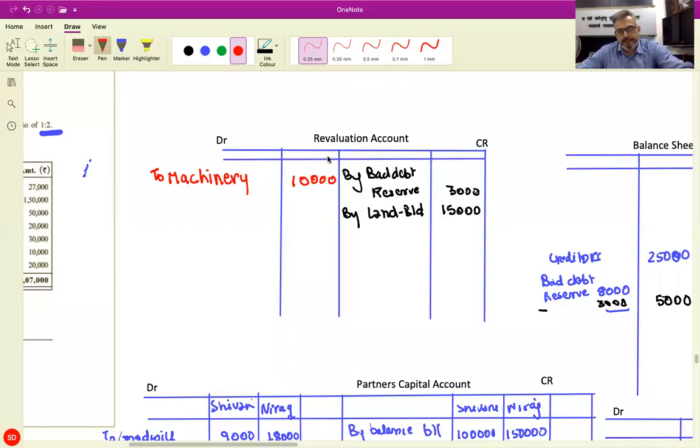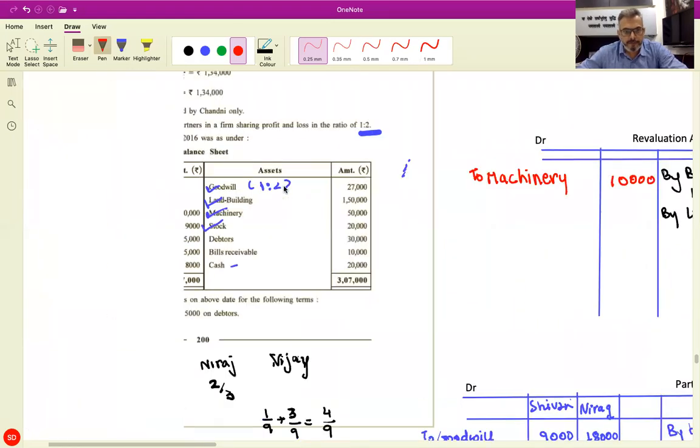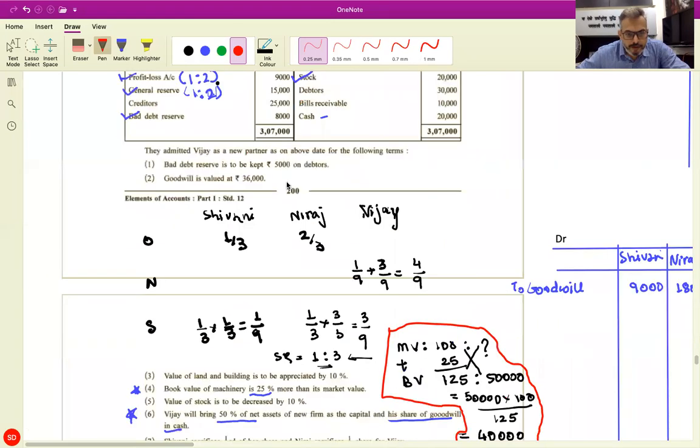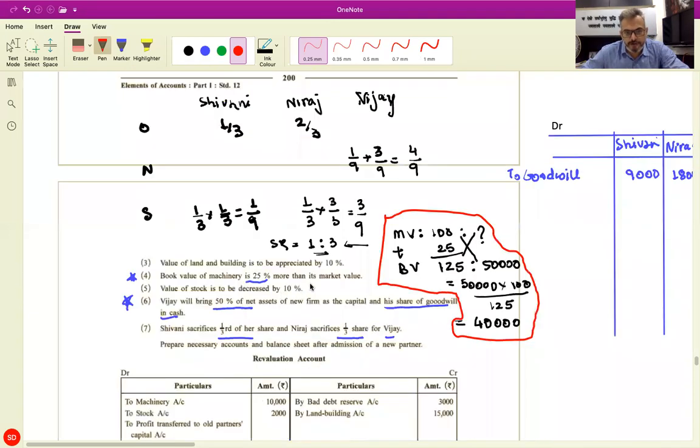To machinery 10,000 in revaluation account. Now, next adjustment, value of stock is decreased by 10%.